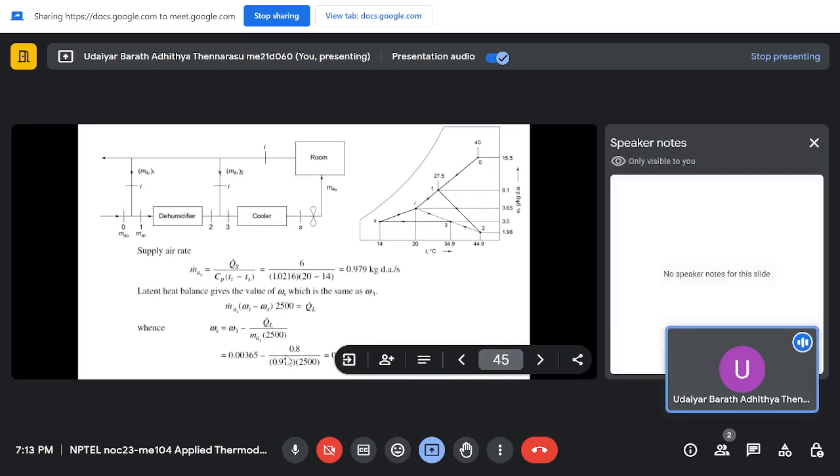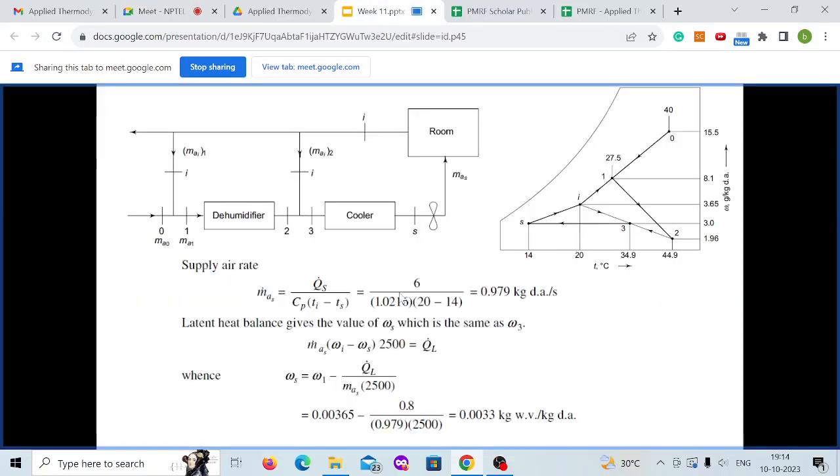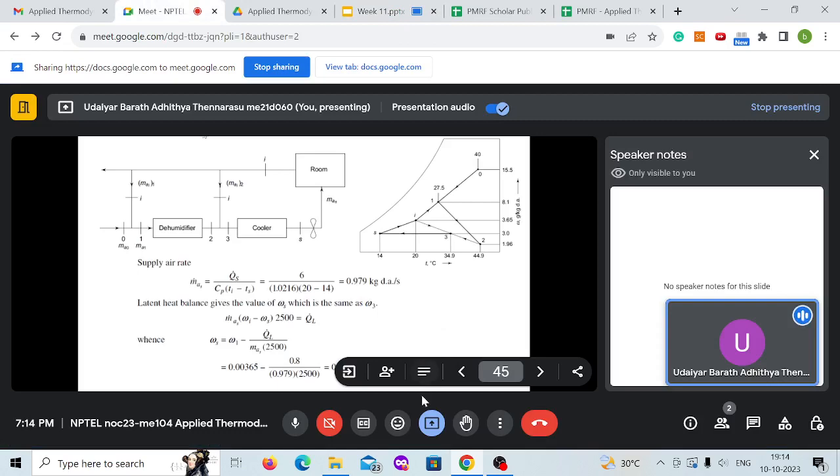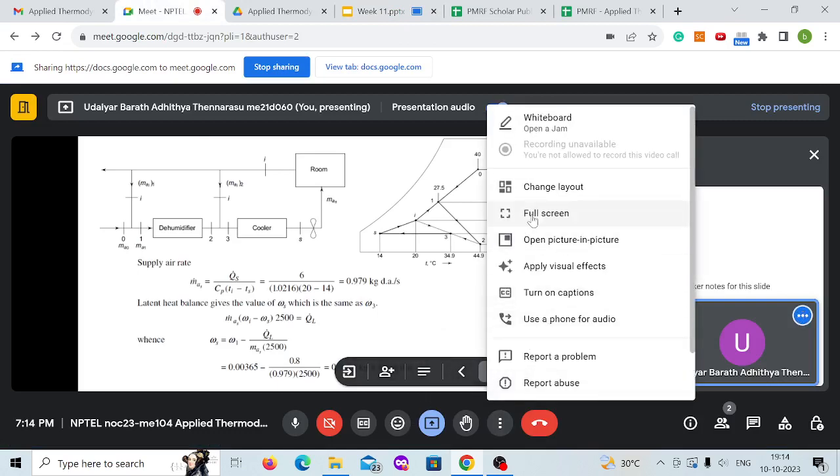So using that we can find out omega I is 0.0033 kg of water vapor per kg of dry air.